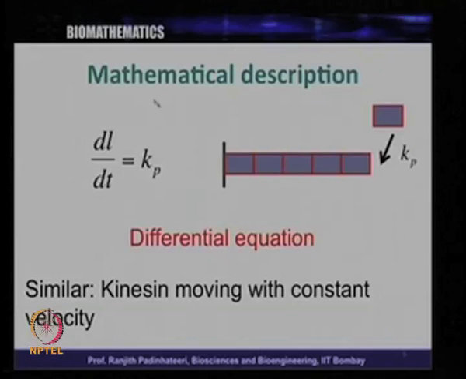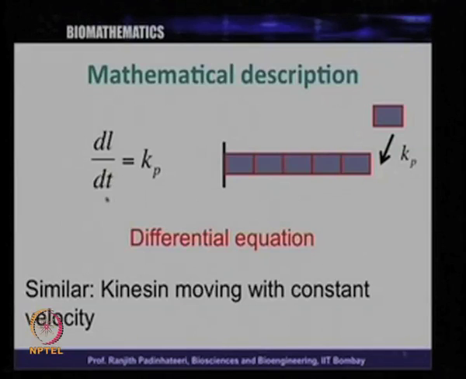We can say the mathematical description will have something like this, where dl by dt is equal to Kp. This is what is written here. Now, what does this mean? dl by dt, as we saw, means the change in length dl when the time changes by an amount dt.